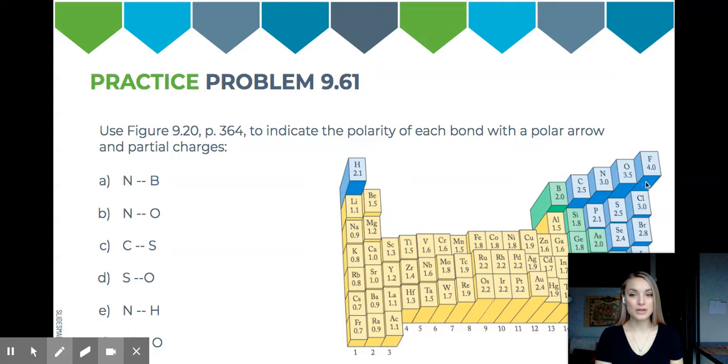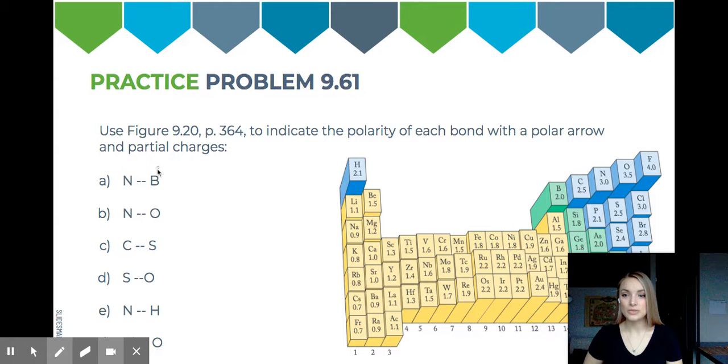So looking first of all for nitrogen and boron, 3.0 and 2.0. Well, nitrogen is the more electronegative atom, so that means that it is going to receive the arrow end of our polar arrow, and boron will have the plus.